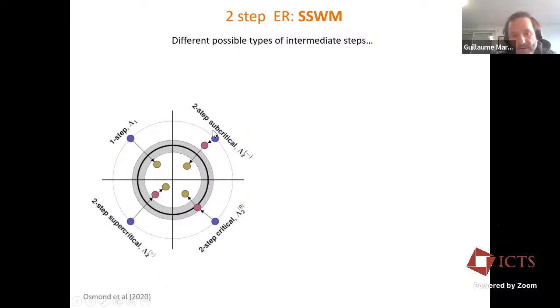The 2-step rescue, there are 3 ways to have it. The first one is to mutate to something that is a bit less subcritical. So this intermediate mutant is still not resistant, but it's a bit better than the wild type. First, because it's better, it's decaying less fast. And second, and that's really due to the landscape geometry imposing this, because it's closer to the optimum, it also has many more mutants that can make it to the white zone. So this is why it's a springboard. The other type of springboard that has a different behavior is those that are critical.